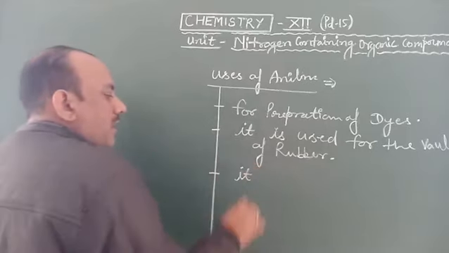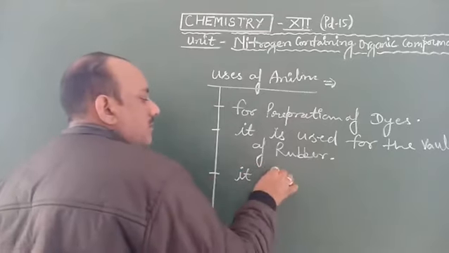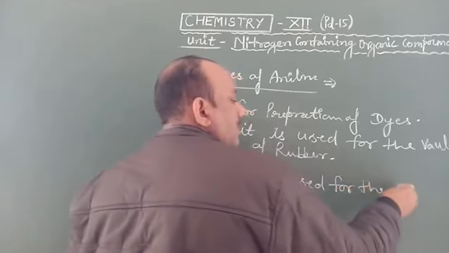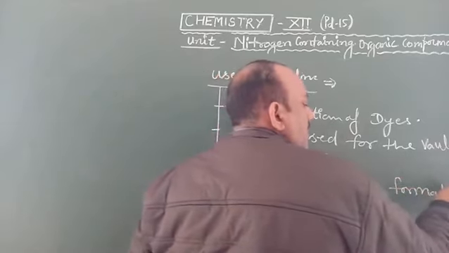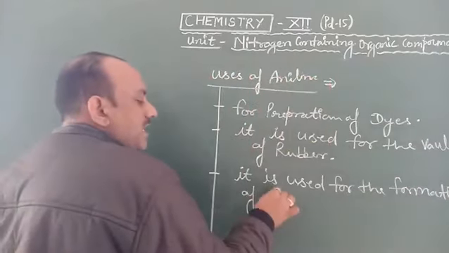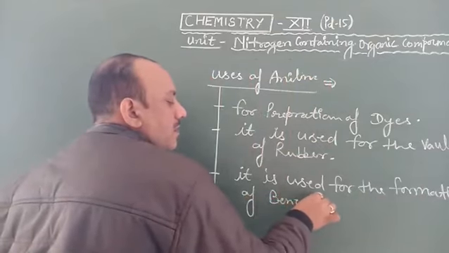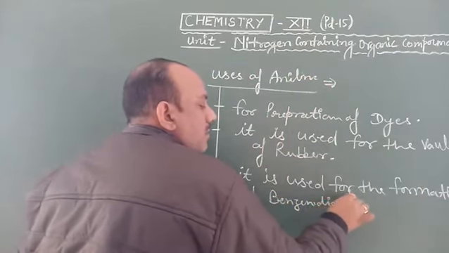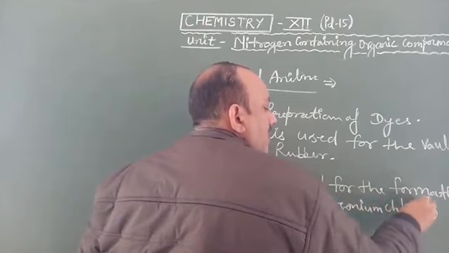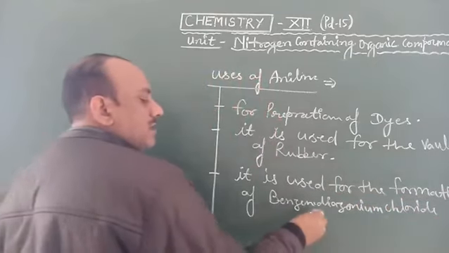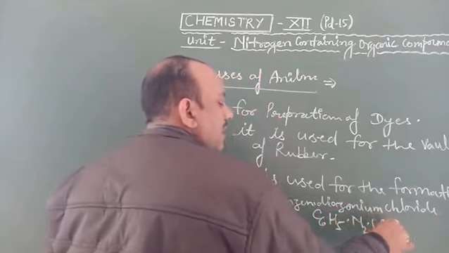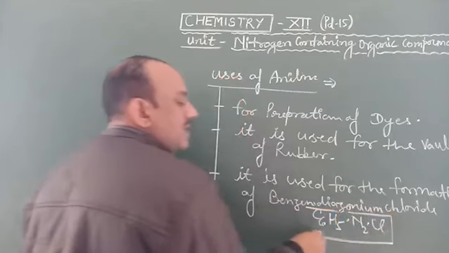It is also useful for the formation of benzene diazonium chloride. Its formula is C6H5N2Cl, named diazonium chloride salt.